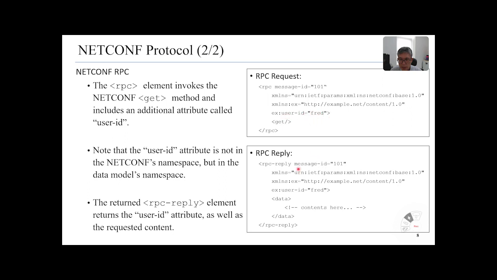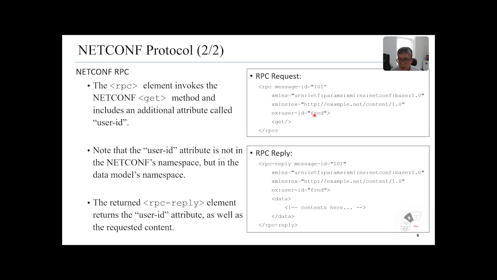Then in the RPC reply, we can get the user ID pred data. The RPC message ID here, and the reply RPC message also has the same message ID here. Also we have a namespace, an XML namespace. So this is the RPC namespace, and this is an external namespace.